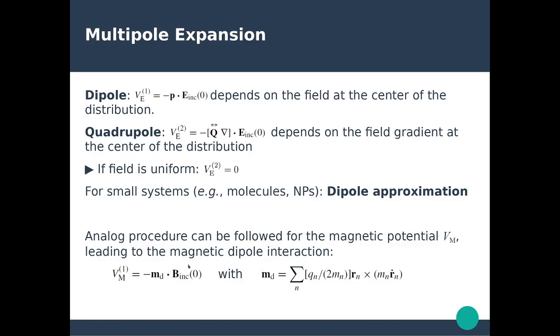Similarly, you're going to have a magnetic dipole interaction term, where a magnetic moment interacts with the magnetic fields from the incident optical excitation. You also have an expression here of this magnetic dipole moment. So you see that it's a little bit more complex than the electric dipole moment, but you have individual charges and their position as well as their velocity, because it depends on the current.